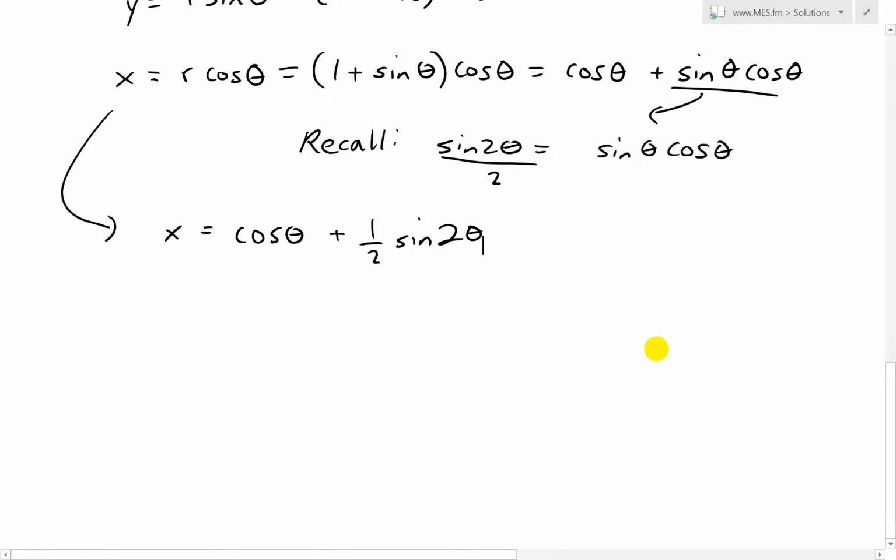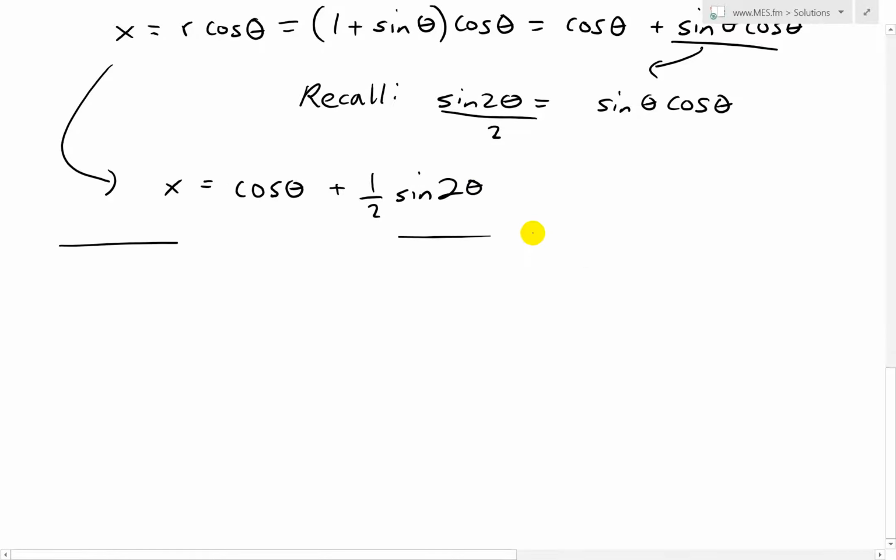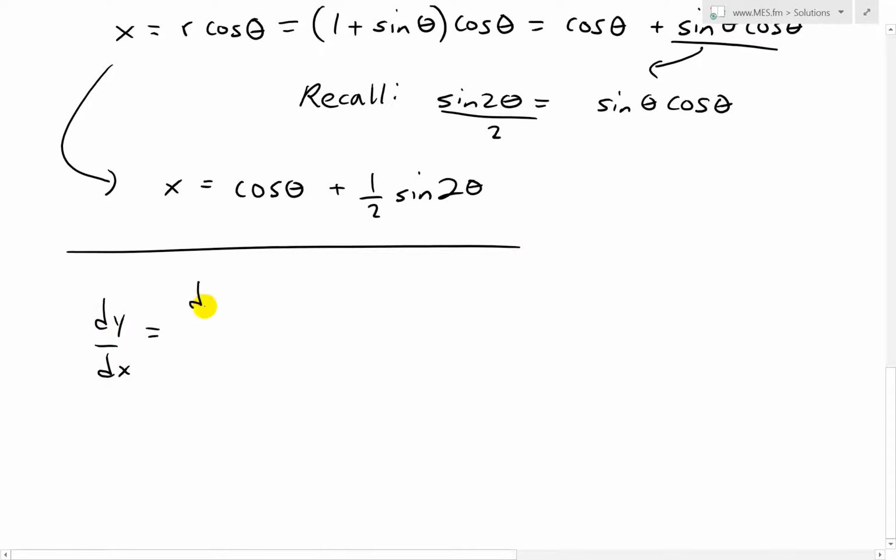Now we have x and y in a simpler form, so let's take the derivative. dy over dx equals dy over d theta divided by dx over d theta.